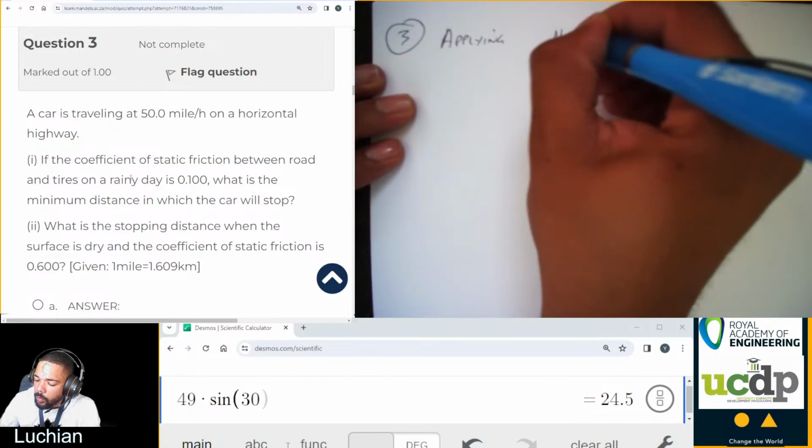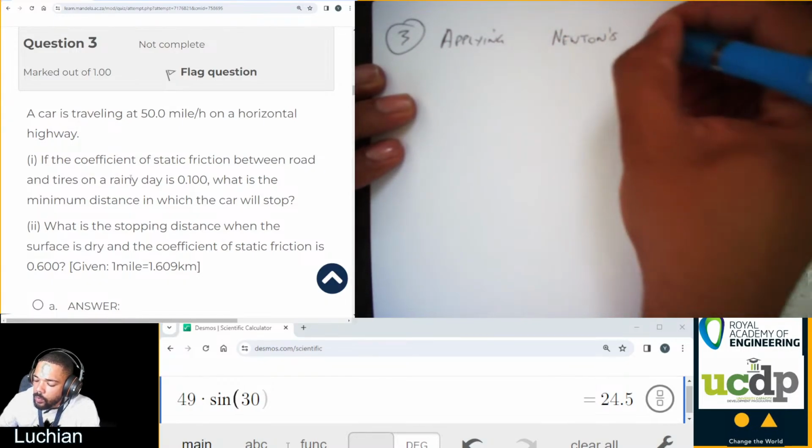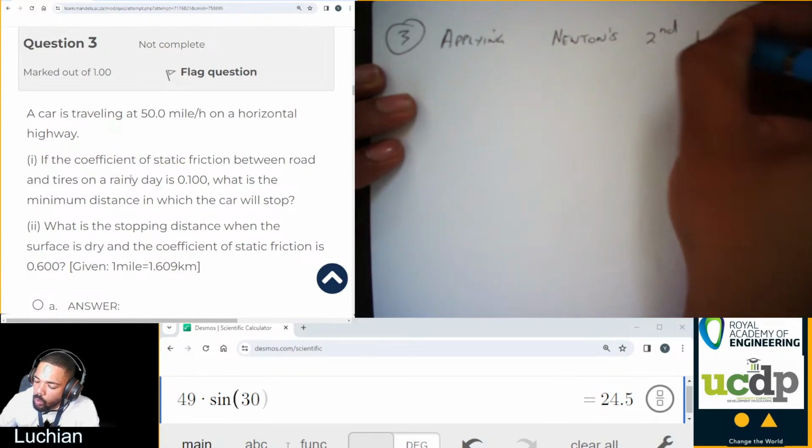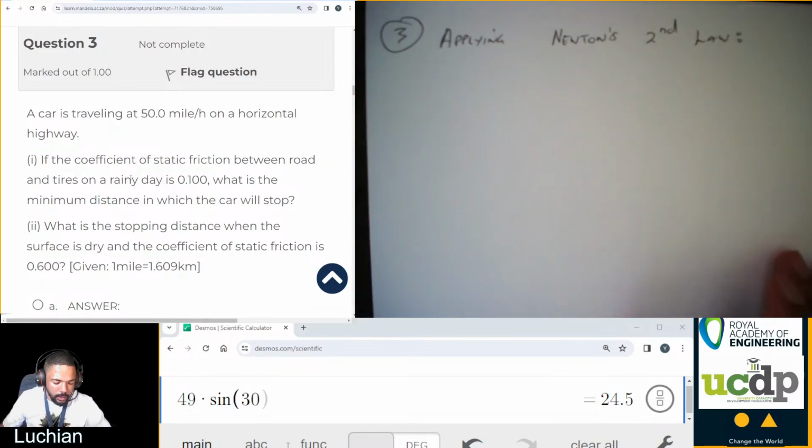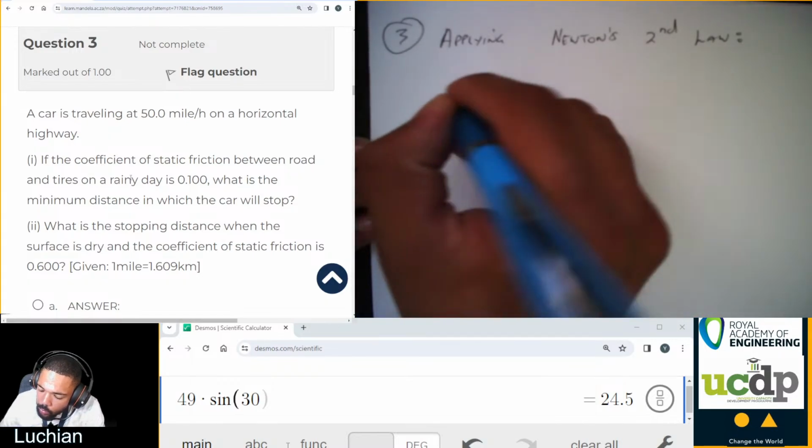Applying Newton's second law to the car, we have that to determine the maximum static friction force. So we are going to determine the force of friction.